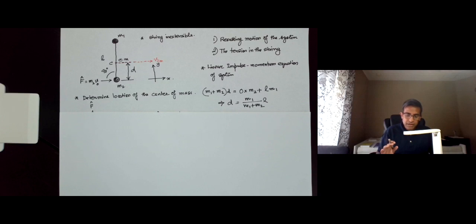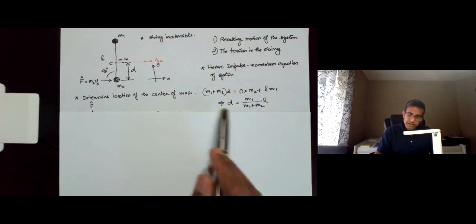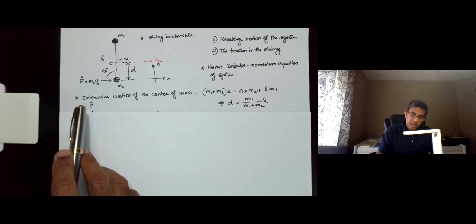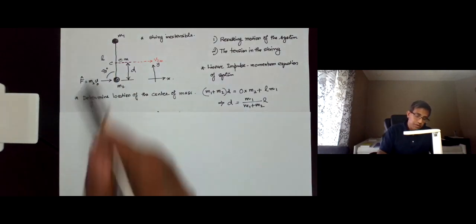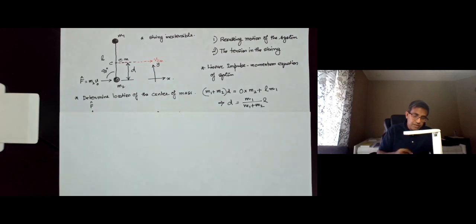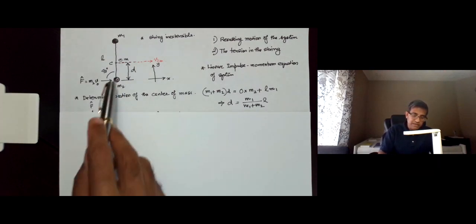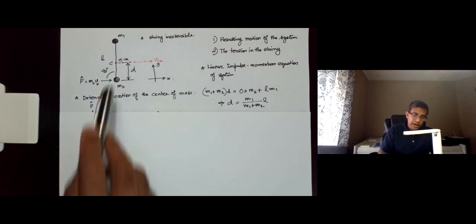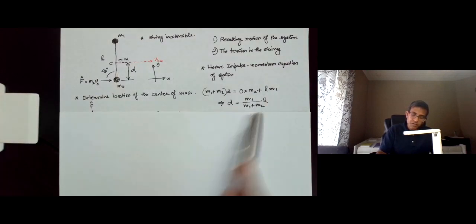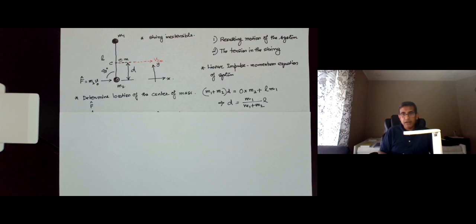So for this particular problem with m1, m2, the length of the string being L, the location of the center of mass initially is given by this distance d from m2, and c is the center of mass, and this distance was found to be m1 times L divided by m1 plus m2.